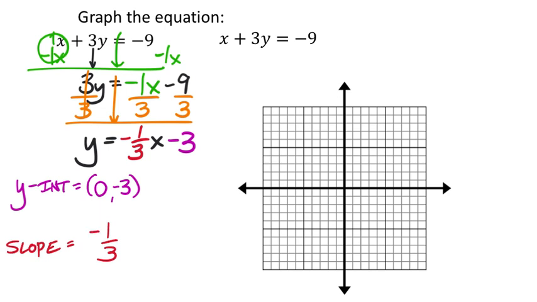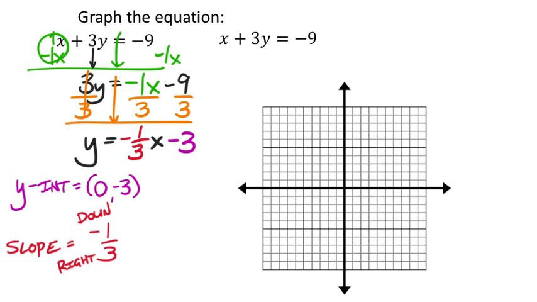So for me, since I'm assigning to the numerator, the rise is going down 1. And the run is positive 3, so that's to the right 3. And you've seen that every single problem that we've done, I try to keep the denominator positive so that I can go to the right. If it was negative for some reason, like you wanted to assign that negative to the denominator, you just have to go to the left, that's all. Okay, that's enough information to graph this.